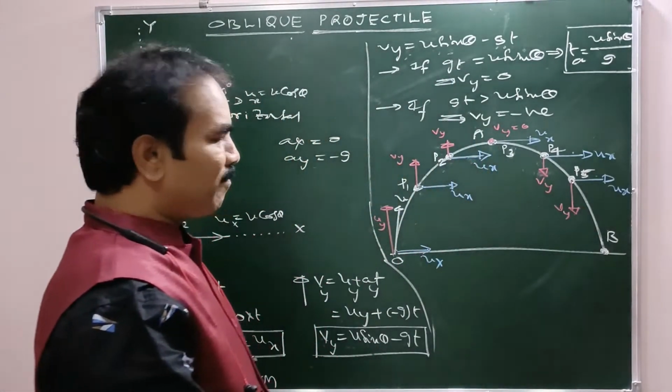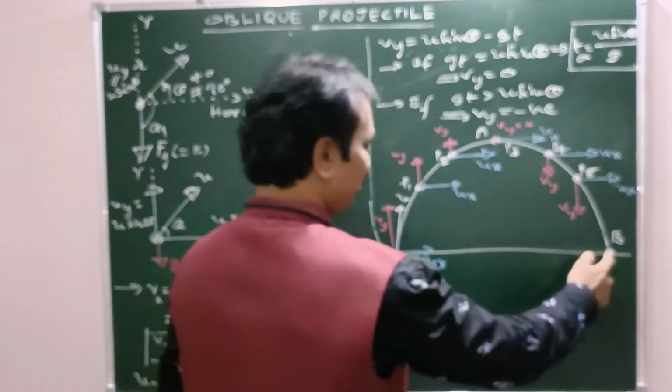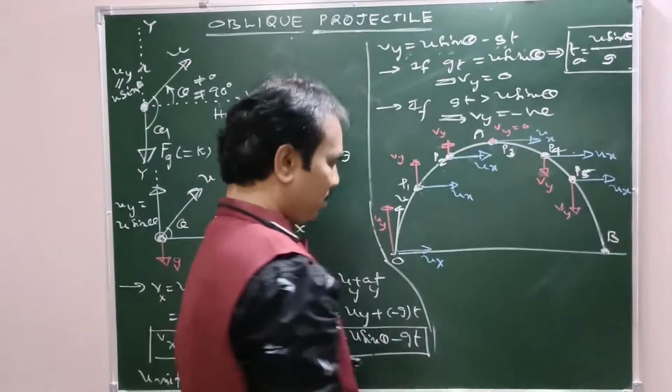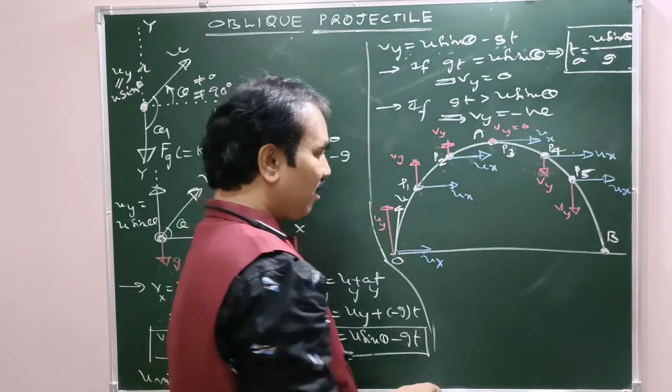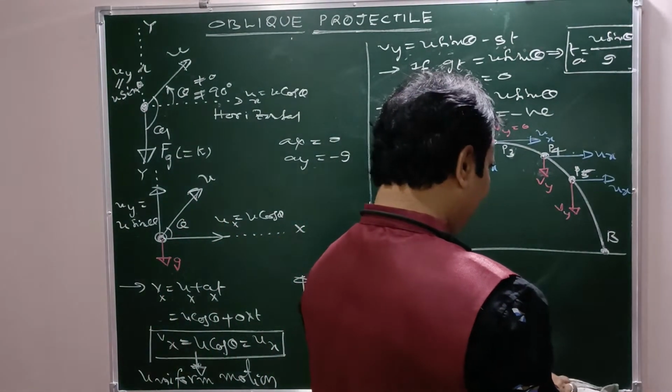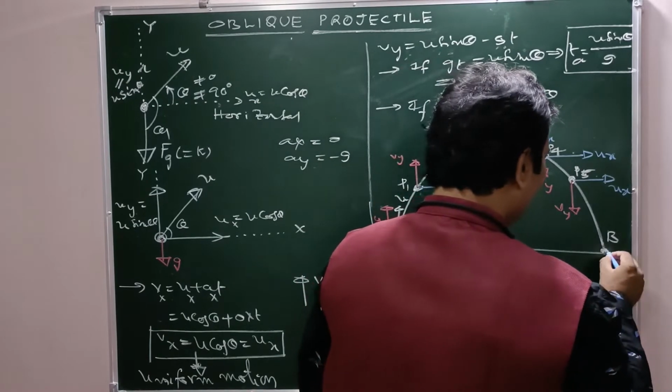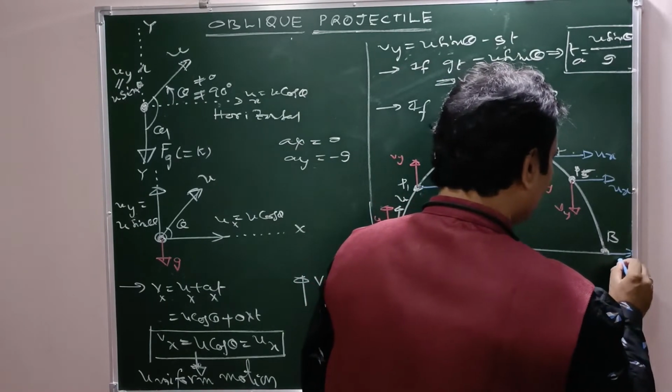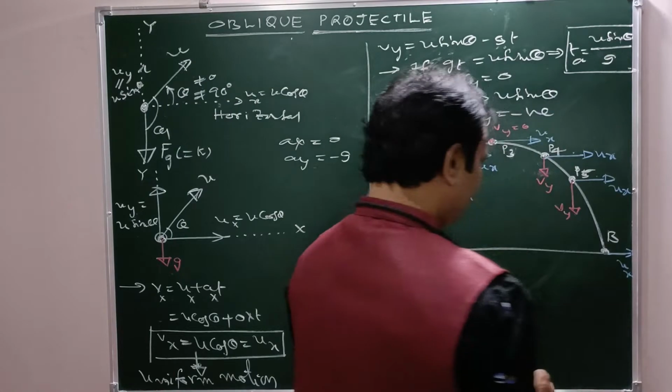Now at point B, meaning the level of projection, these two are at the same level. Right? Here point P6, otherwise B. At point B, what is the horizontal component? Of the same length, that is Ux. Right?